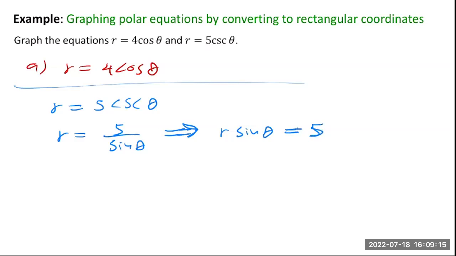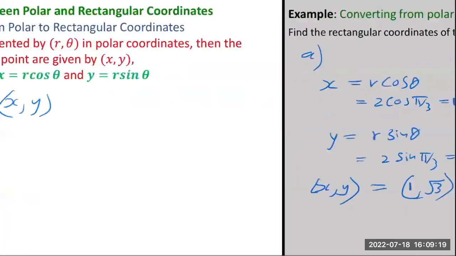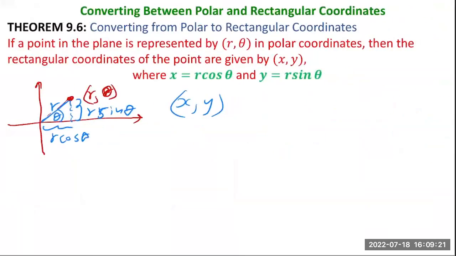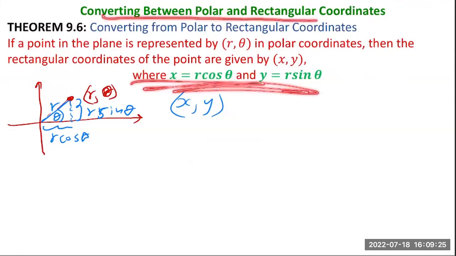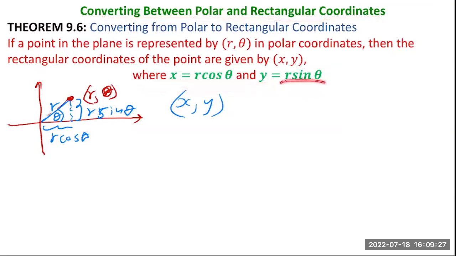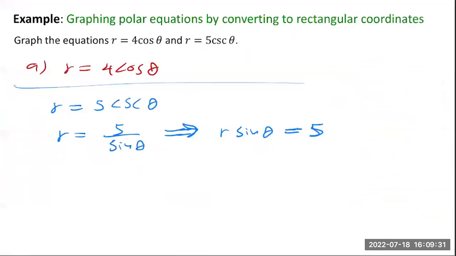What do we mean by r sine theta? Remember, from the theorem on converting between polar and rectangular coordinates, we know that r sine theta is exactly y. So that will give us y is equal to 5.